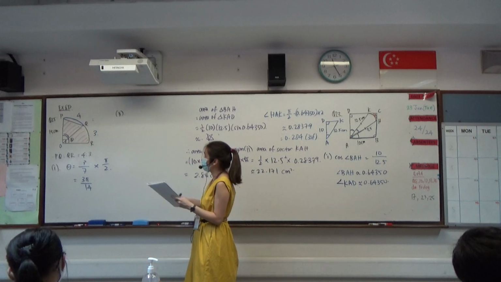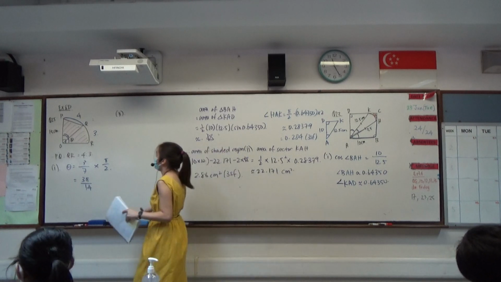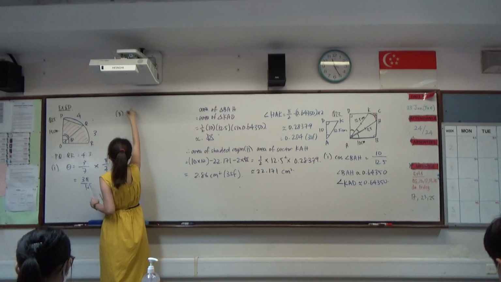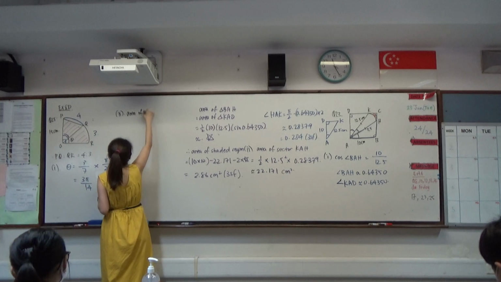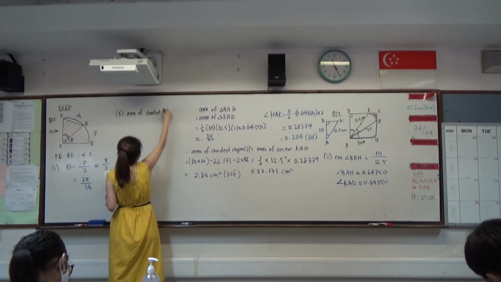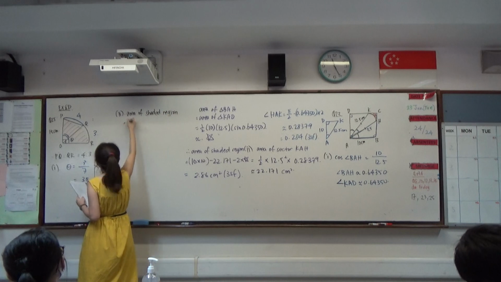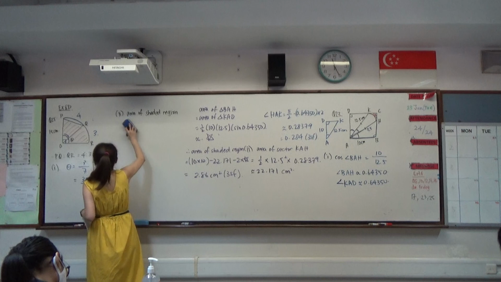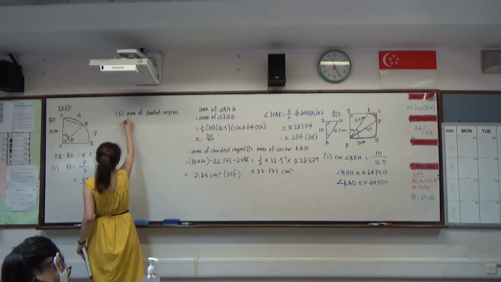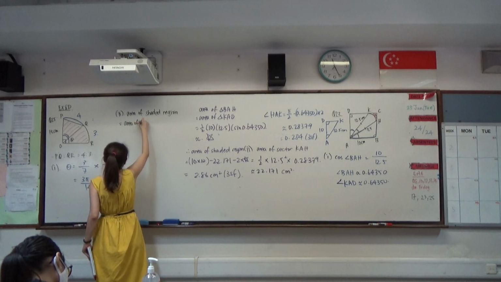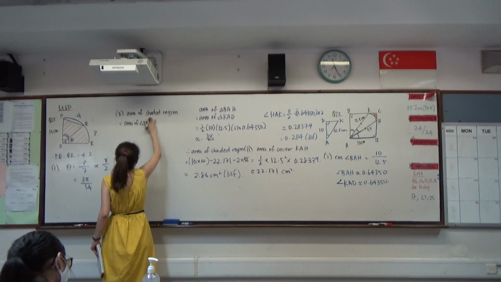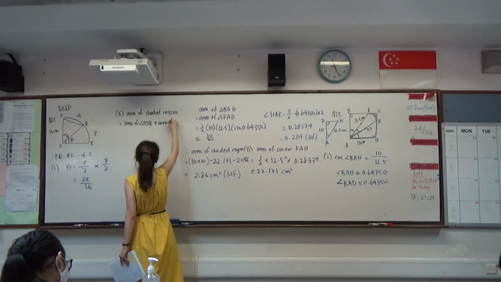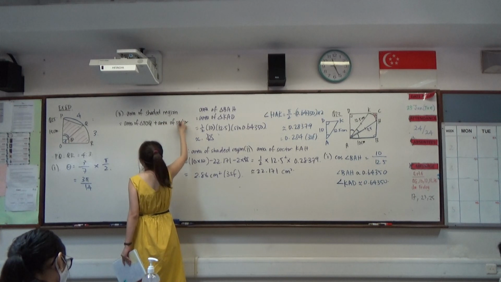Then after that, to find the area of the shaded region, we will need to find the area of the minor sector QOR. So that will be the area of triangle POQ plus the area of sector QOR.